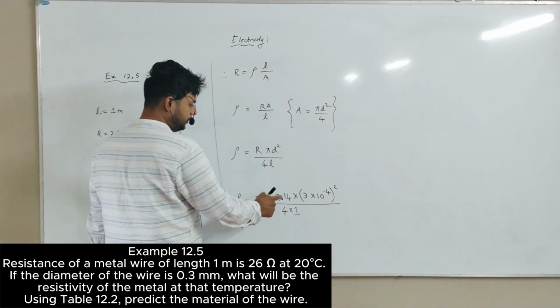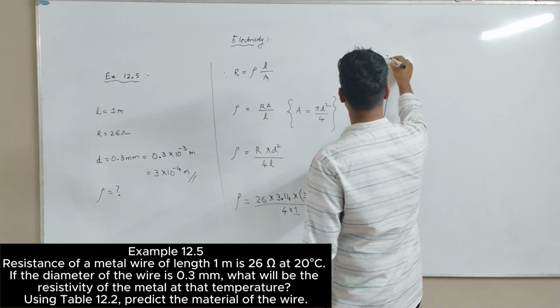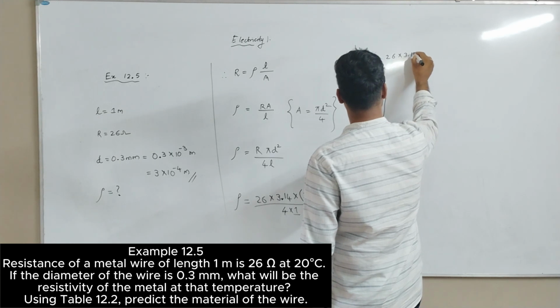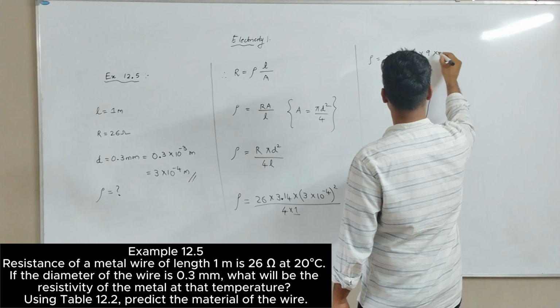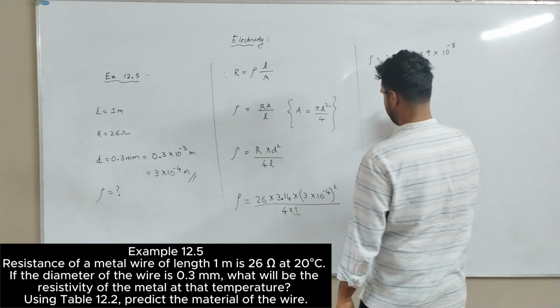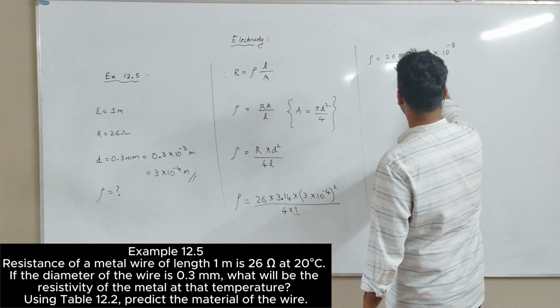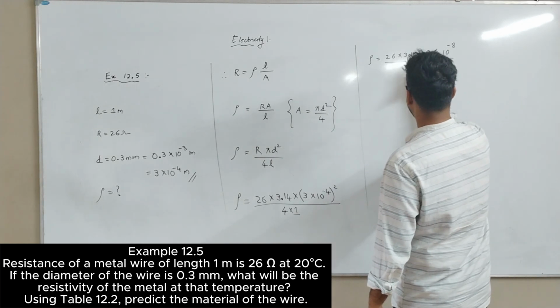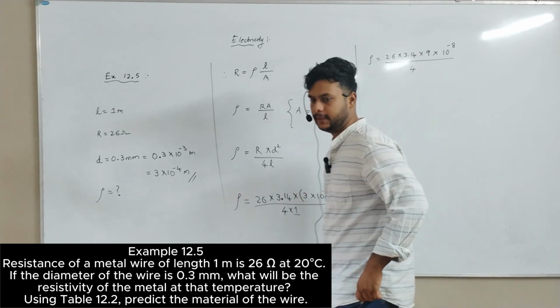So rho is equal to 26 into 3.14 into 3 square 9 into 10 power minus 4 whole square, 10 power minus 8, 4 divided by 4. Now you should do 26 into 9, then into 3.14. How much do you get? Tell me fast.